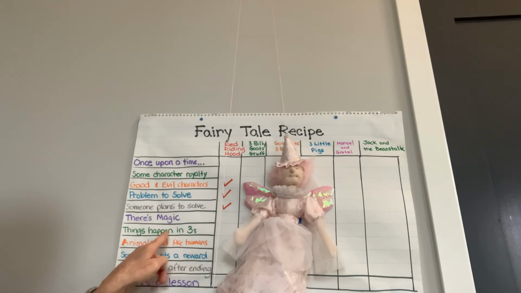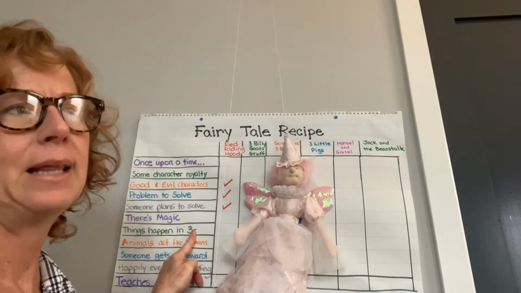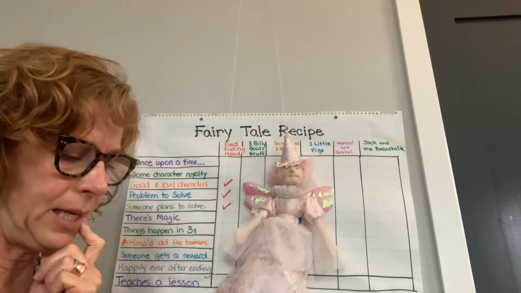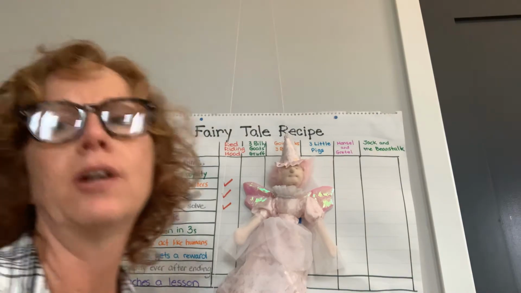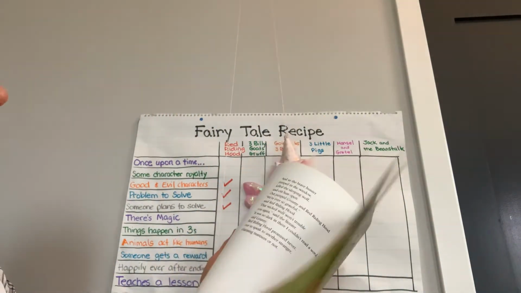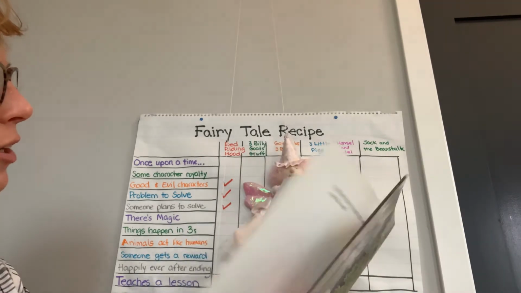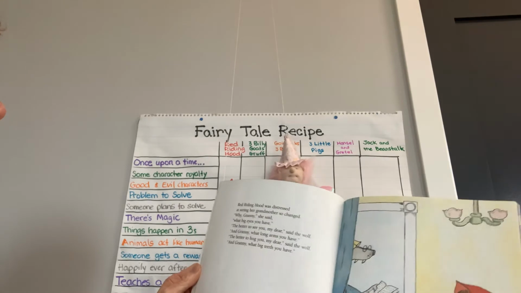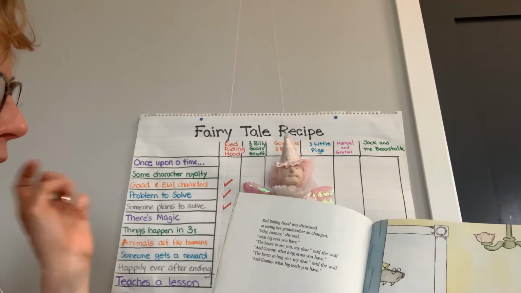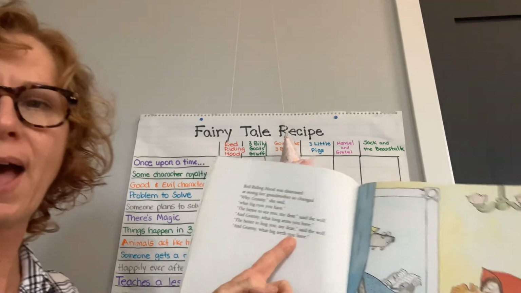Things happen in threes. Let's see. Does anything happen in three? I'm going to have to look at the story and see. I think that something happens in threes when Little Red Riding Hood chants, what big eyes you have, what long arms you have, and what big teeth you have.